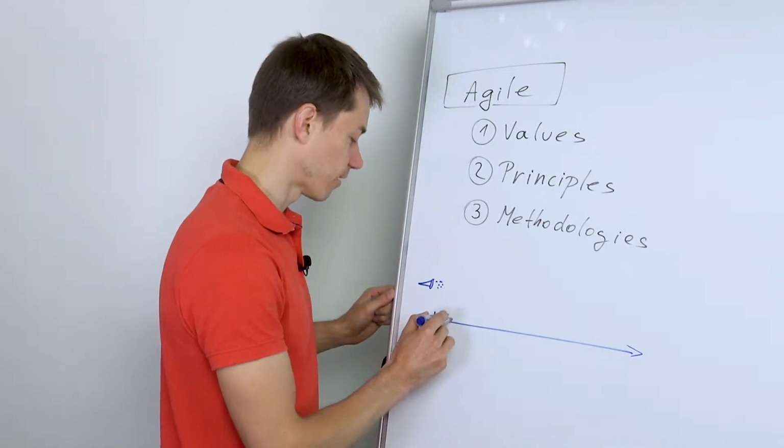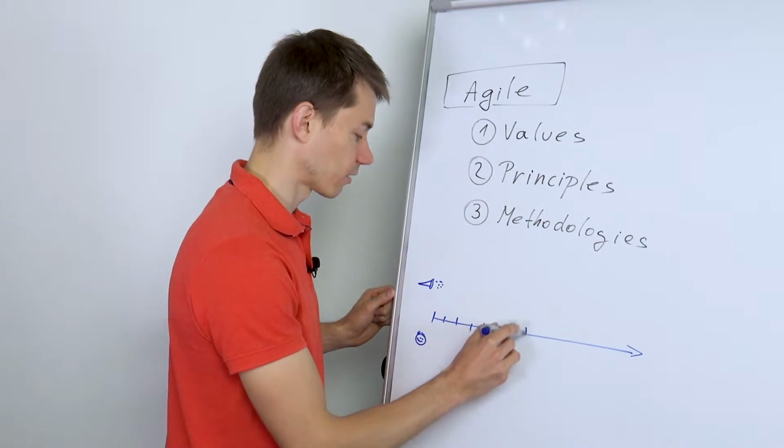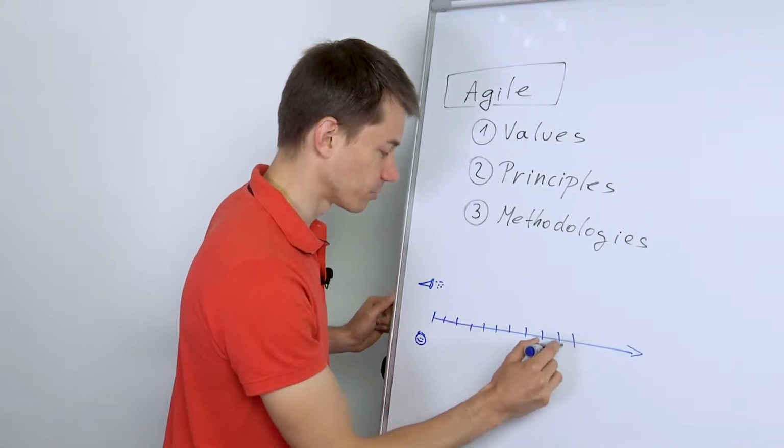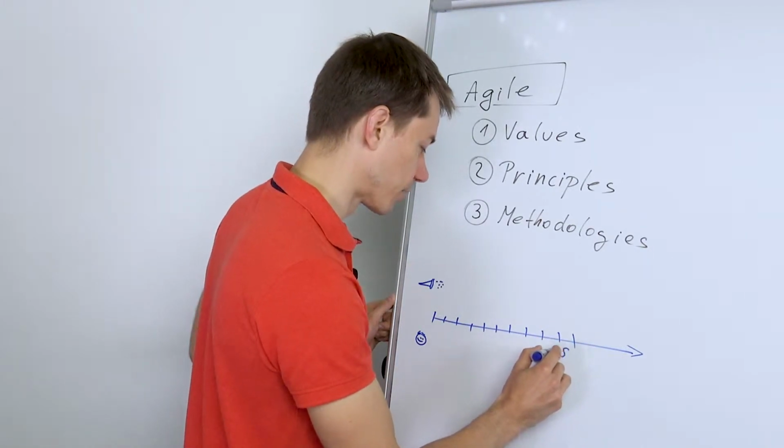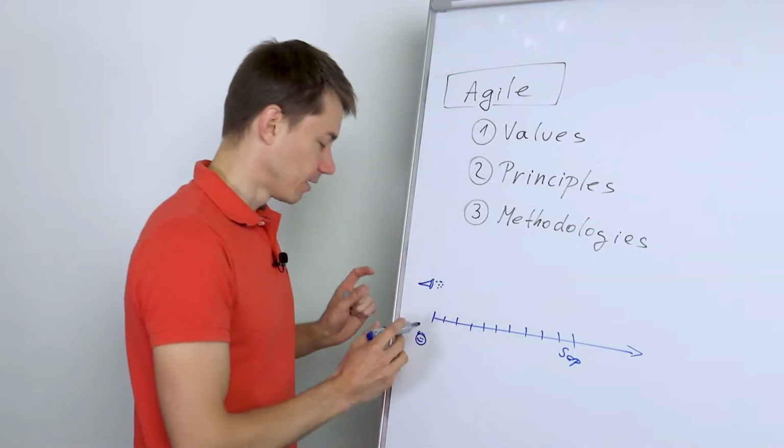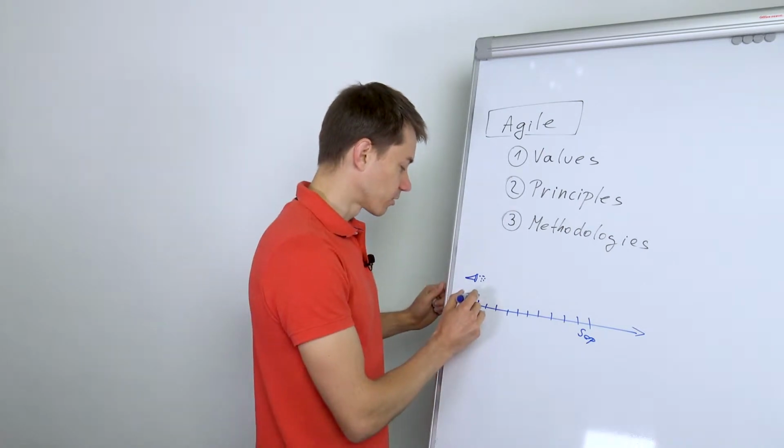So it's January, February, March, April, say up to September. I haven't counted the months, but say somewhere here is September, okay? And the customer cannot see anything.